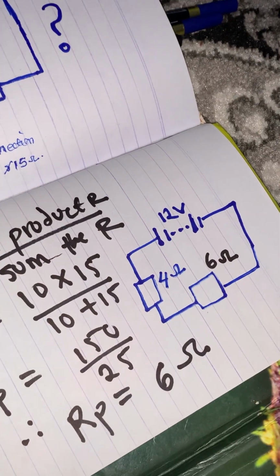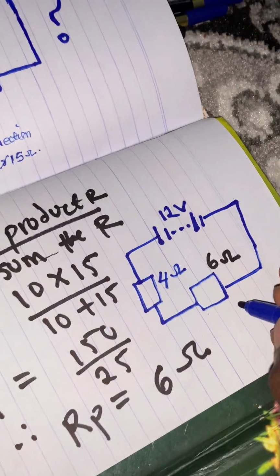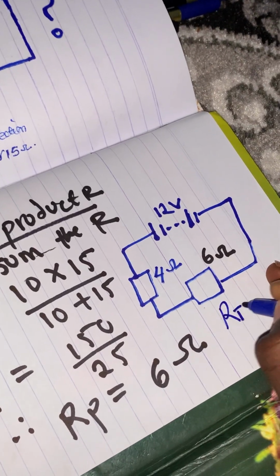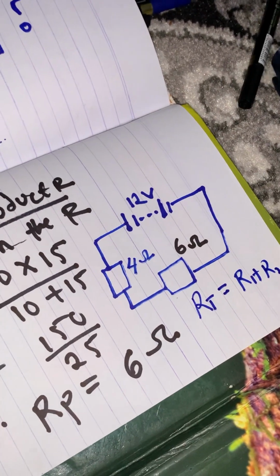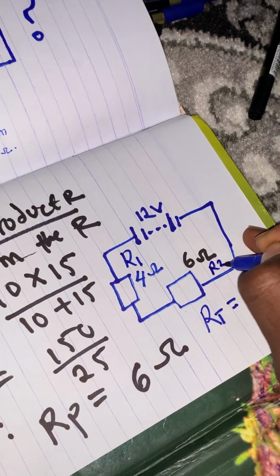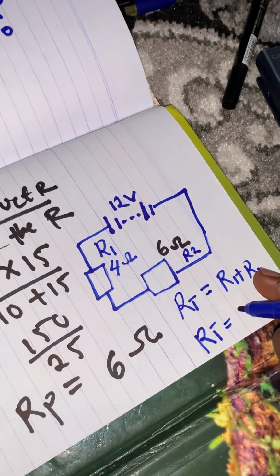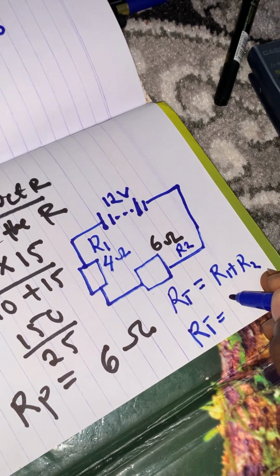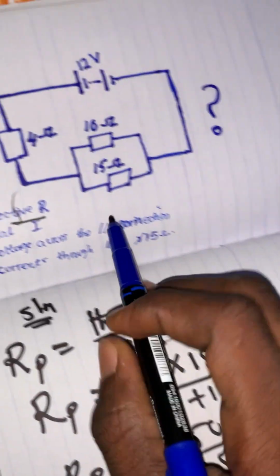So now we can simply find the R effective using this circuit, and this R total would be R1 plus R2. Let me name this as R1 and this as R2. So R total would be 4 plus 6, which is 10 ohm. This is the R effective.